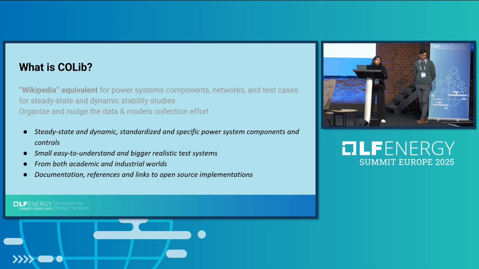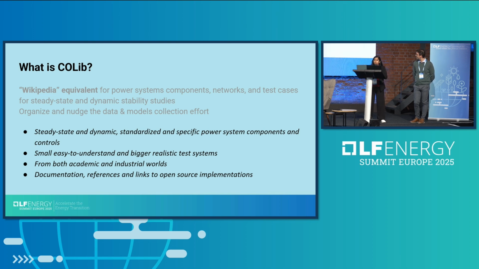So instead of searching through papers or building new test systems from scratch, you can find components like generators, transformers, or controllers, which are ready to use within the repository. COLib supports both steady state and dynamic studies, like load flow analysis and dynamic simulations. So whether you want to simulate normal operations or dynamic events, the models are ready within the repository to be used.